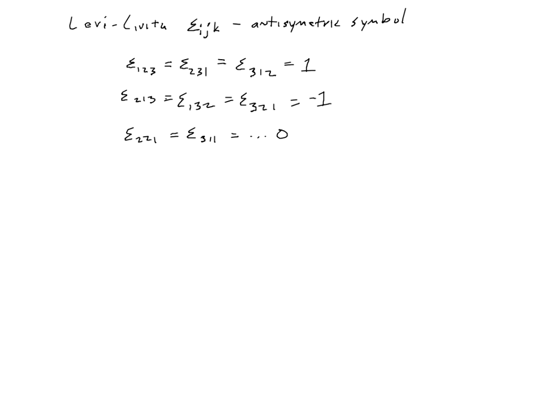The reason is that if you repeat an index, then flipping the order of those two repeated indices has to give the same value, so it has to be minus itself, and the only thing that could be the negative of itself is 0. So this thing has 3 values, 1, -1, and 0 for each component. Okay, does it make sense?